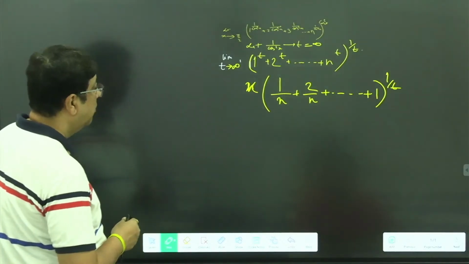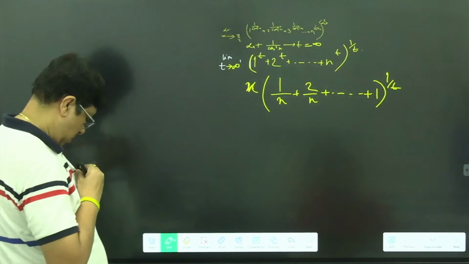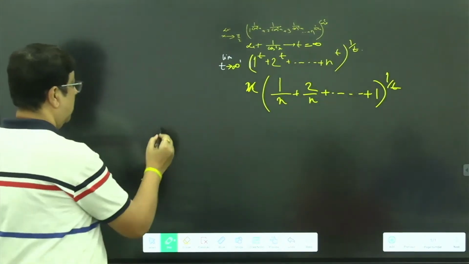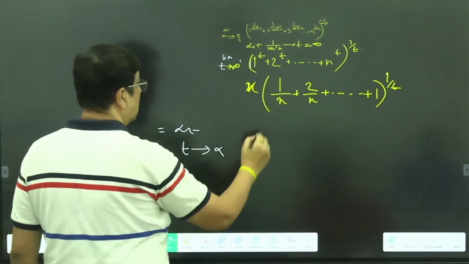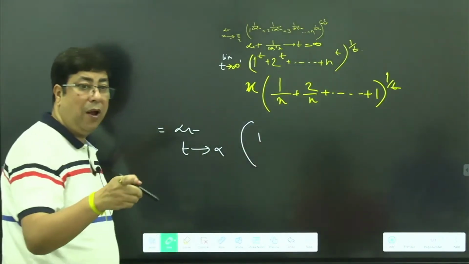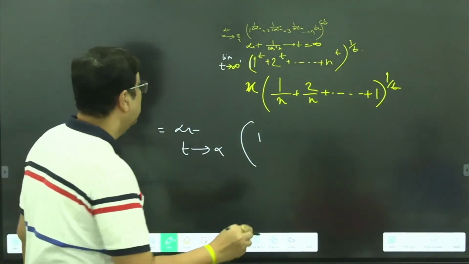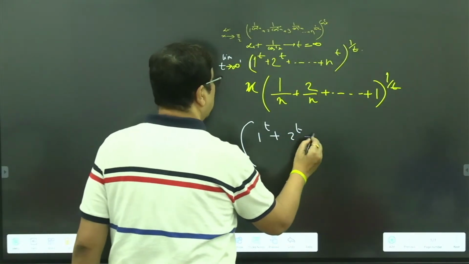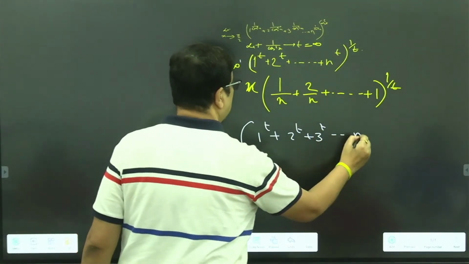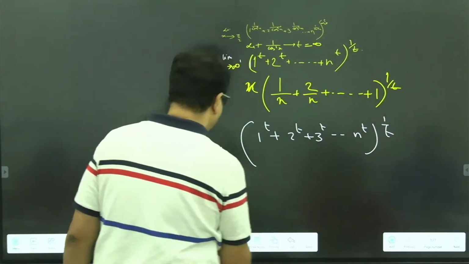See this everybody? From this step, limit t tends to infinity. So same as this sum, 3 to the power n plus 5 to the power n plus 7 to the power n, that type. Once again I am writing this step: (1 to the power t plus 2 to the power t plus 3 to the power t plus n to the power t) whole to the power 1 by t, since the power is t.